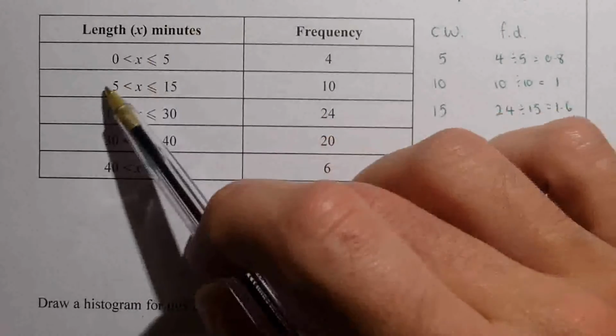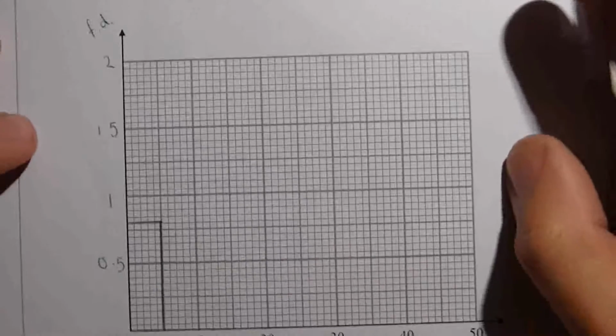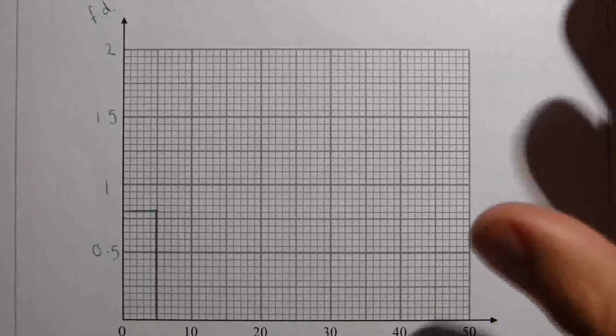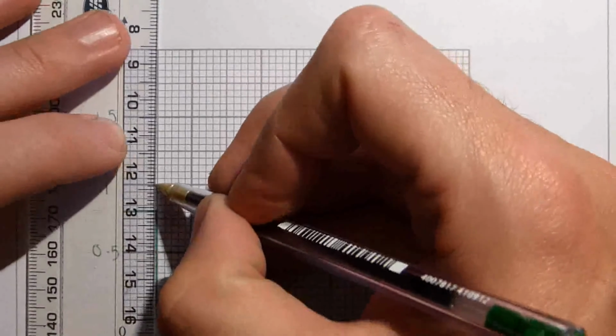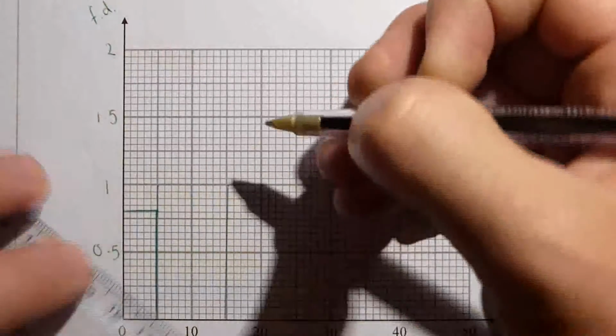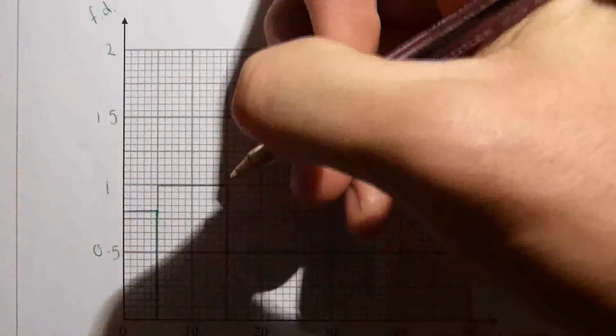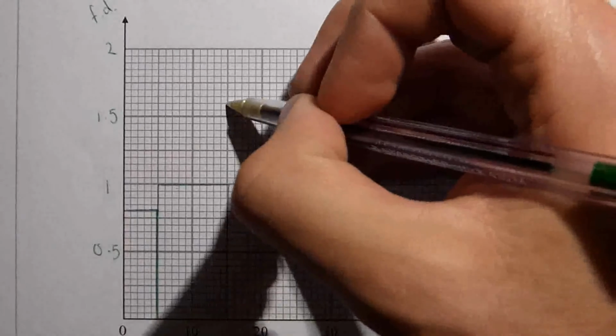Our second is 5 to 15, and that needs to go up to a frequency density of 1. Like so. Next one from 15 to 30, and that was a frequency density of 1.6.